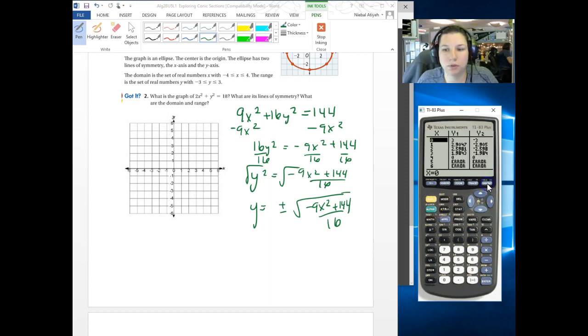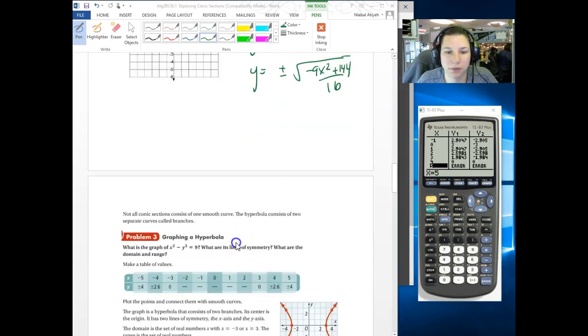If you want to know some specific points, you can pull them from the graph. So when x is 0, the y's are 3 and -3. When x is 4, the y's are 0. So you can solve it for y to graph it, see what the graph looks like, and then also look at the table to get some points.